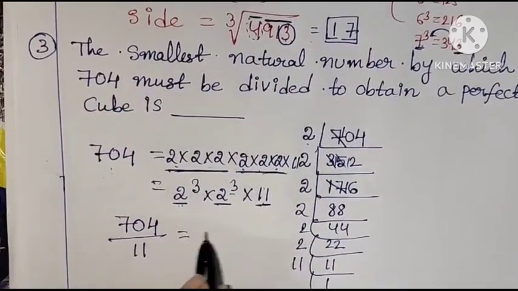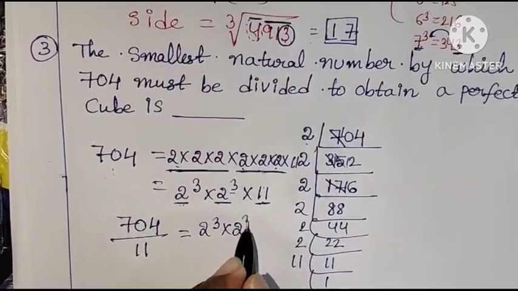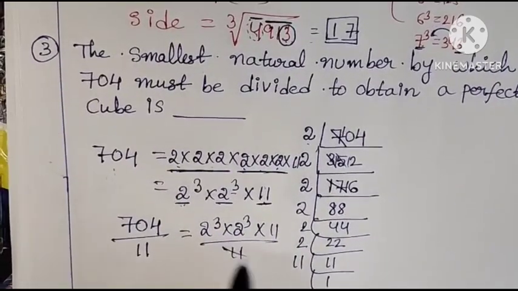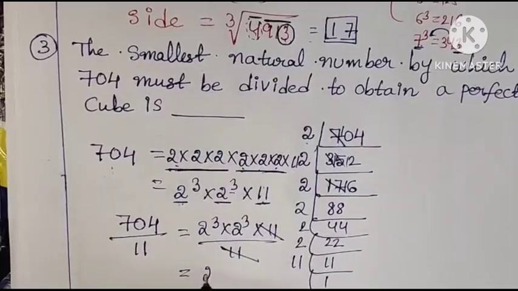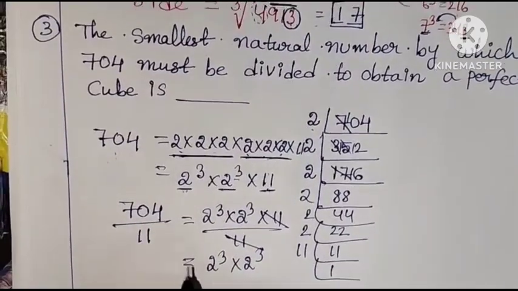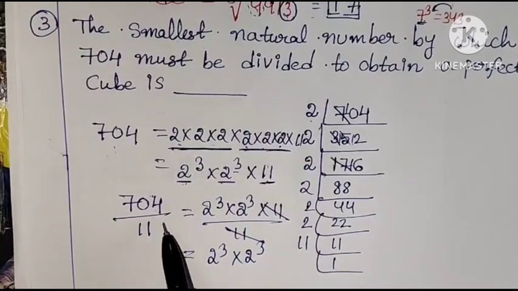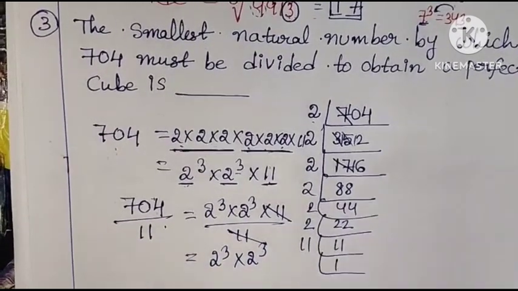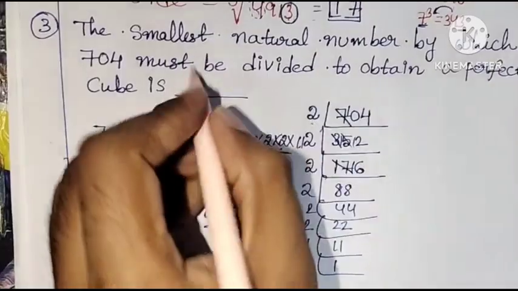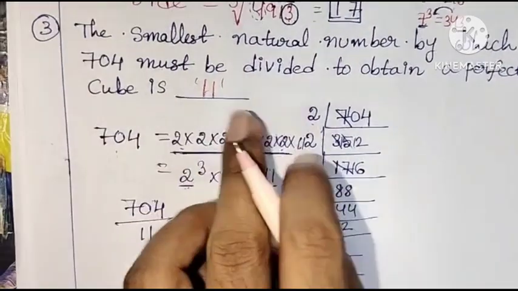If you divide 704 by 11, the 11 cancels, and we get a perfect cube number. So for this 704 to become a perfect cube number we should divide it by 11, because 11 repeats only one time.